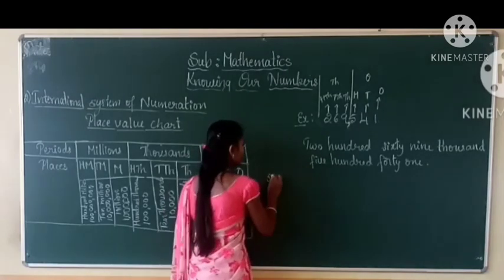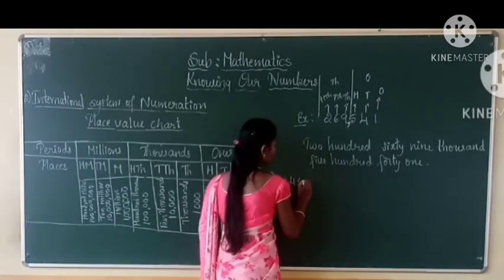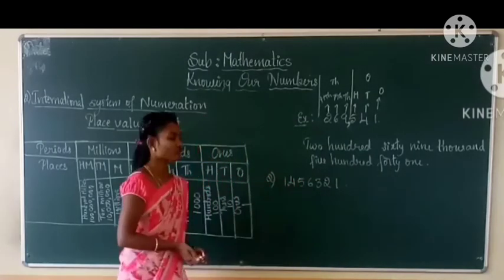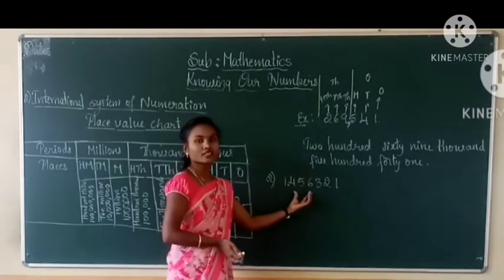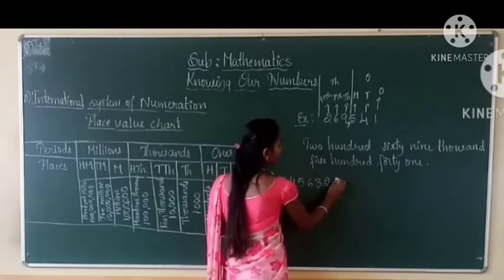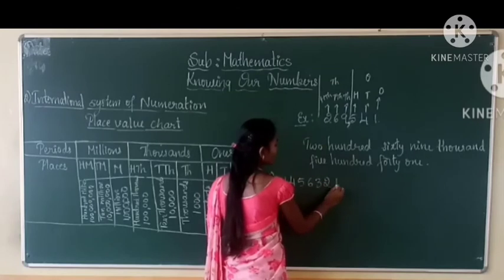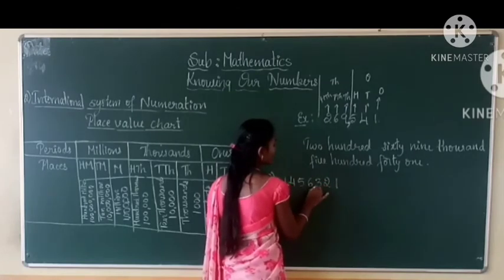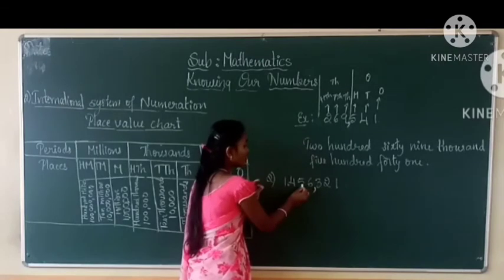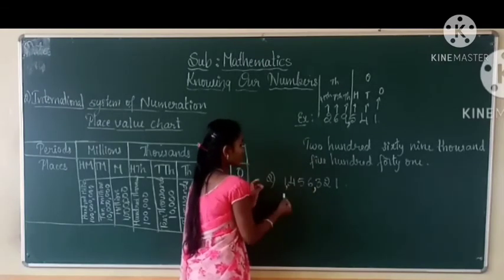The second example I take. We know that in the international system of numeration, from the right side, first leave 3 places, ones, tens, hundreds, and then write 1 comma. Again leave 3 places, 1, 2, 3, and write 1 comma here.